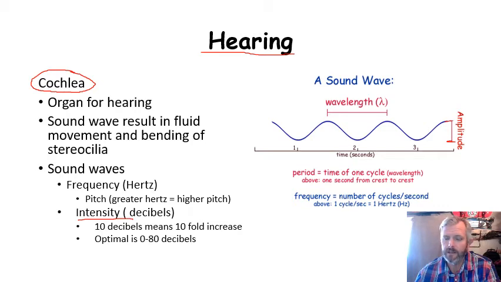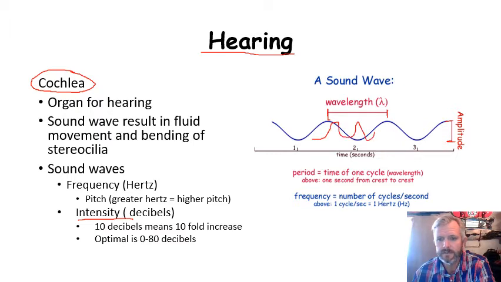Depending on how high the wave is. The other characteristic of the sound wave is frequency. We have our wavelength. We have a smaller wavelength, say like this, right? From apex to apex. All right, this red would be a higher frequency than the blue.